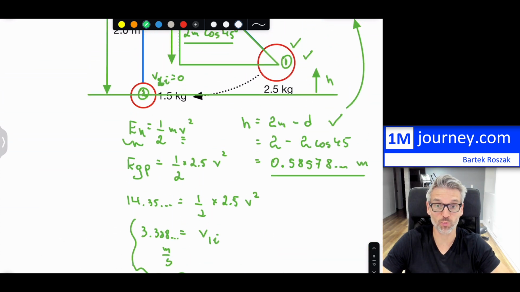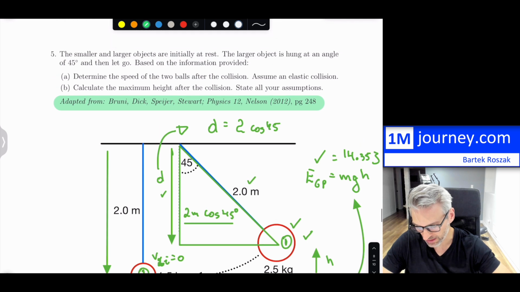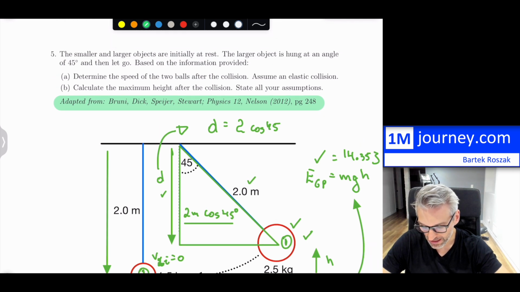So it's quite a lot of work, but it's a great, great question that captures a lot of different items within here. For part B, it says calculate the maximum height after the collision. So this is interesting. Okay, so what is the maximum height that we would have? And then it says state all your assumptions.